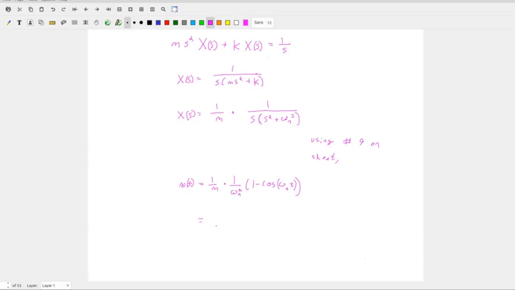Perfect. Okay. There's a simpler way to write it, but it's not going to change the answer, right? If I was doing it in code, I might leave it that way, depending on how you defined your parameters. But it does break down into 1 over k times 1 minus cosine of omega n t.